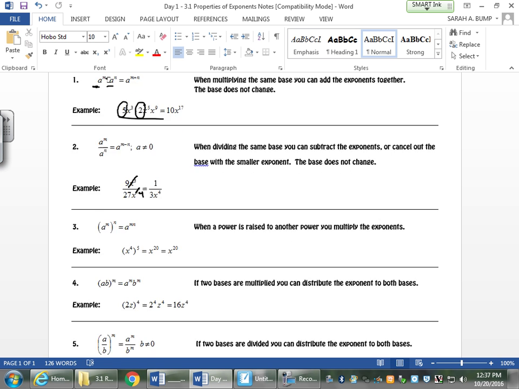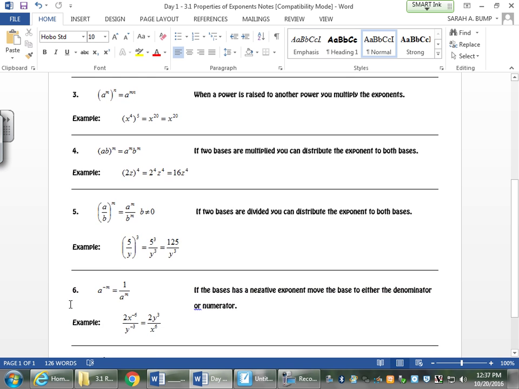The fourth property and the fifth property go together. It's important to note that these only work when the bases are either being multiplied, like in number 4, or divided, in number 5. You cannot do these properties when bases are added or subtracted.